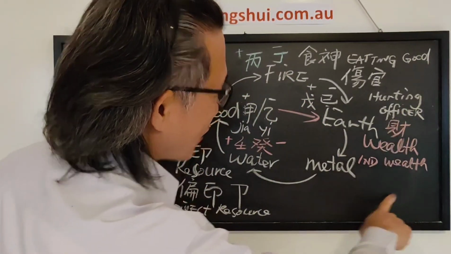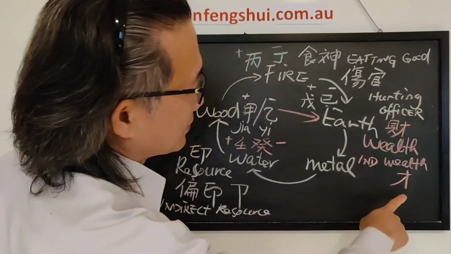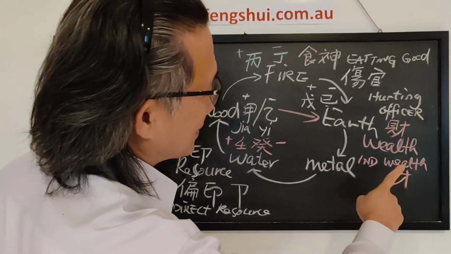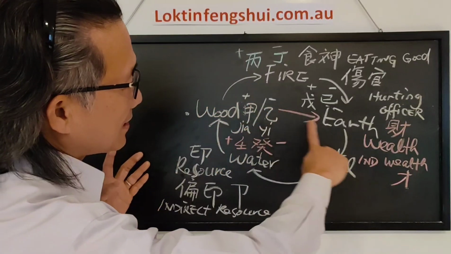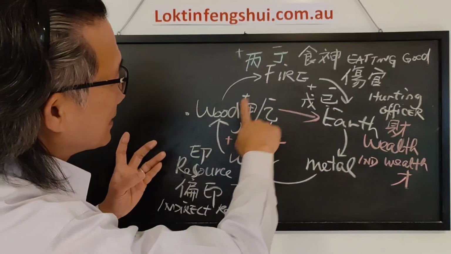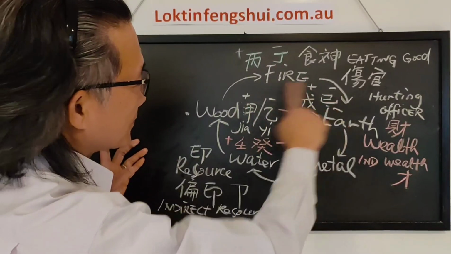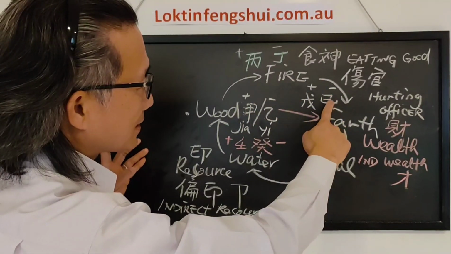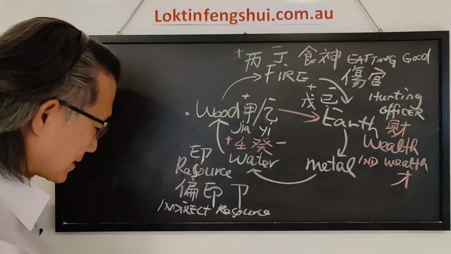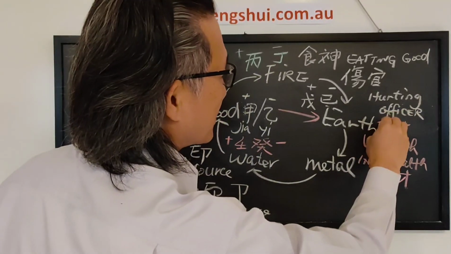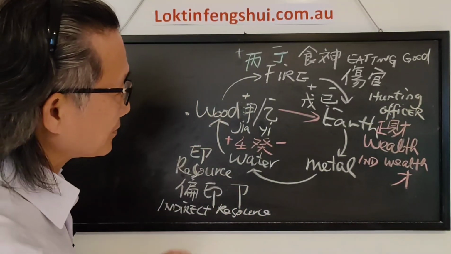In Chinese, some masters just use this symbol to represent it in the chart, 偏財. So when Jia and Ji, like Jia controls earth, that's direct wealth, 正財. So 正財 or 偏財, direct or indirect.